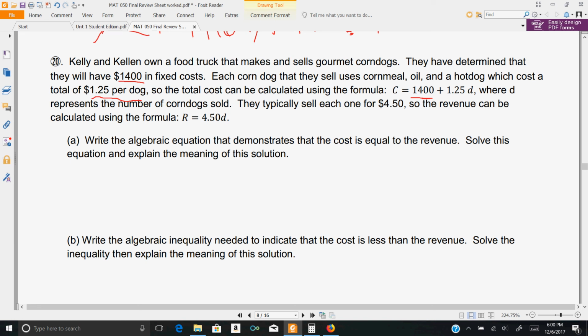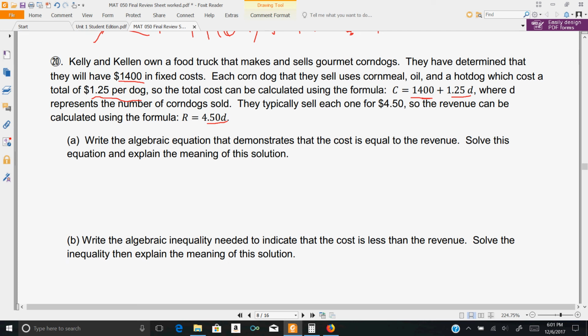You have to multiply by the number of corn dogs to see how much the cost is going to be after that number of corn dogs. And then revenue, typically they sell each one for $4.50. So you multiply $4.50 by D, the number of corn dogs, because you get $4.50 for every corn dog.